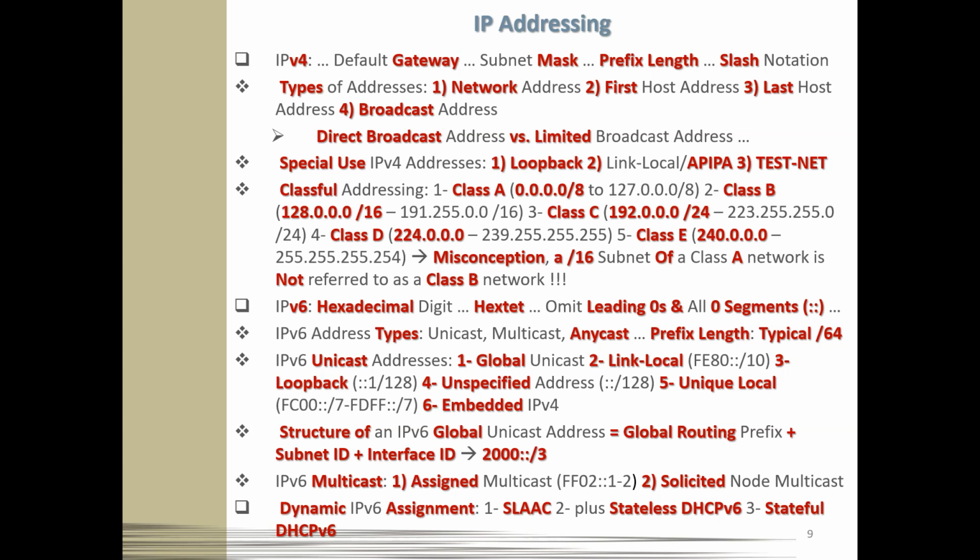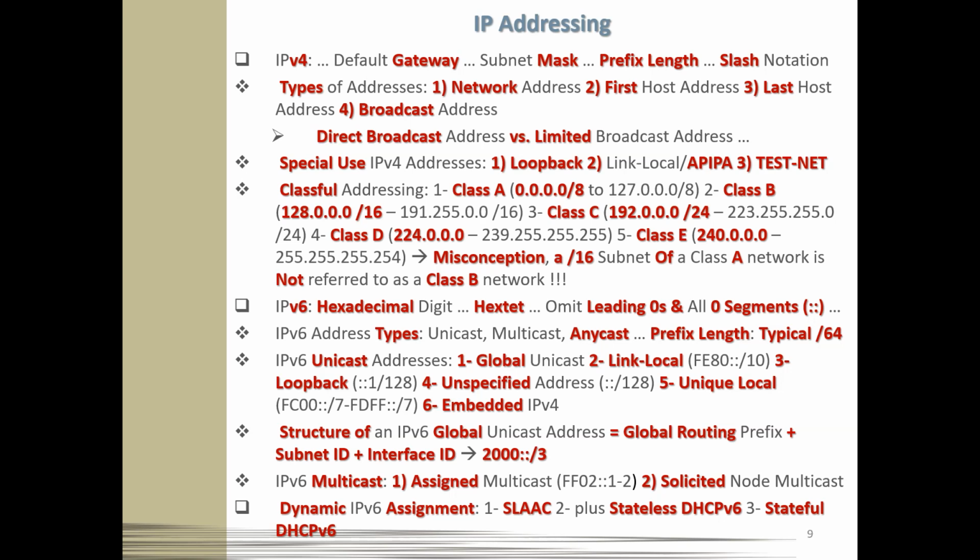If you want a clue how to memorize it, remember EIGRP is an advanced interior gateway routing protocol, A for advanced, and then FF02::A. That was the first category for IPv6 multicast, or assigned multicast, or well-known multicast.